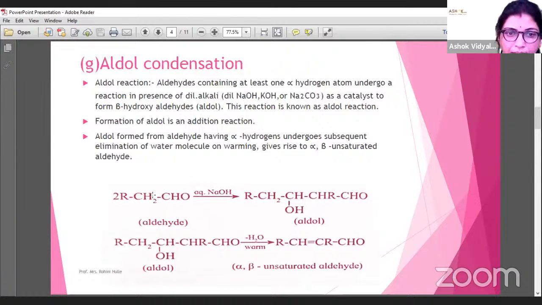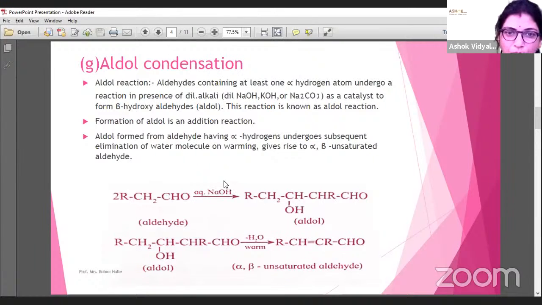So see, in this aldehyde, containing at least one alpha hydrogen atom, this is the CHO group, the aldehyde group, and this is the alpha carbon atom, and hydrogen is attached to this carbon atom. They undergo a reaction in presence of dilute alkali like NaOH, KOH, and Na2CO3.